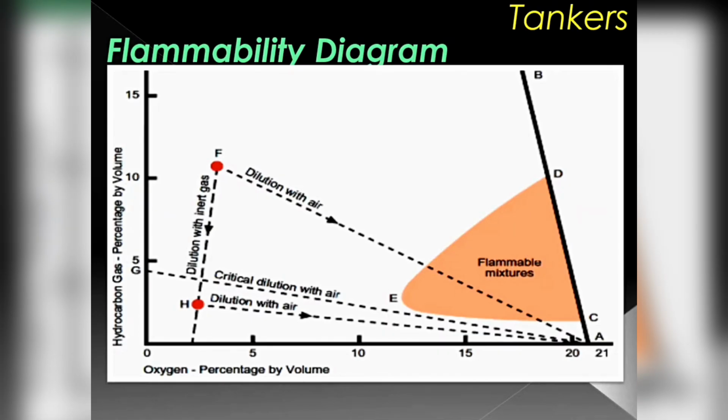Since you are carrying fuel, one side of the triangle, the cargo is always emitting vapors. You cannot do anything about it. So on one side of the triangle, we cannot do anything. The second side is oxygen. Air is also available in surplus all over. Again, we cannot do anything.